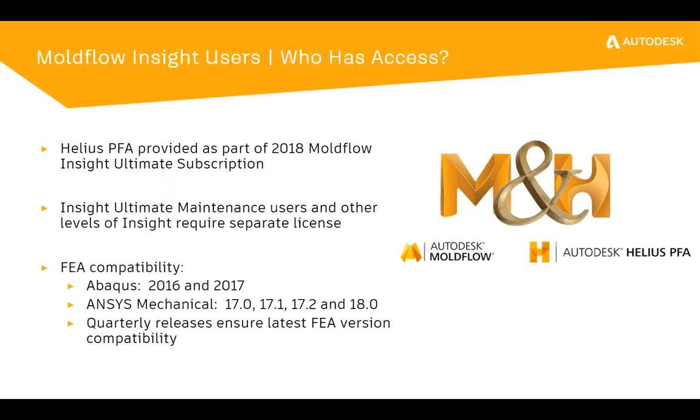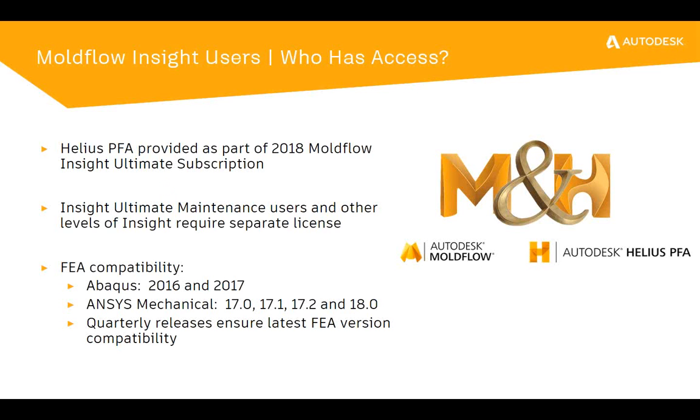And so, again, just to reiterate here that any and all users, subscribers to the 2018 version of Moldflow Insight Ultimate will automatically receive an entitlement to the Helius PFA software. That entitlement's only provided at the Ultimate level, and it's only provided to subscribers.